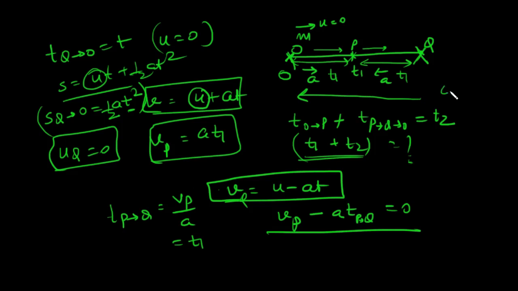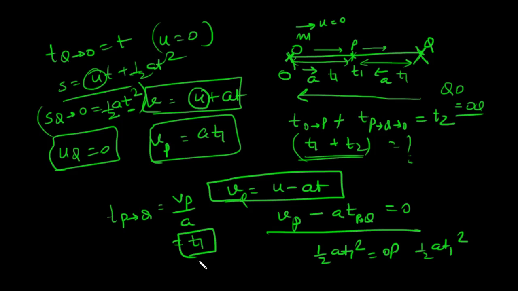Now this QO is the same as OQ. So what is the distance when the particle first started from O and then landed up at Q? First of all, this would be half A T1 square. This would be OP. Now again the particle has decelerated, but since the final velocity is 0, this distance would be half A T1 square only, because time T1 has been taken and deceleration has occurred.